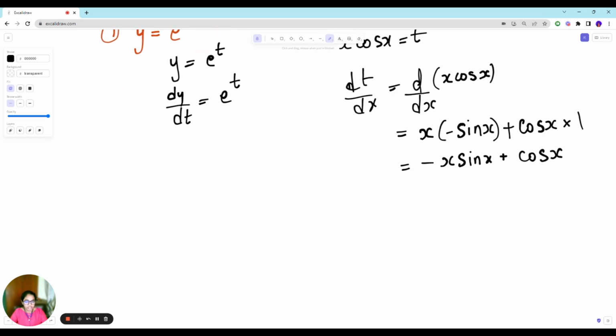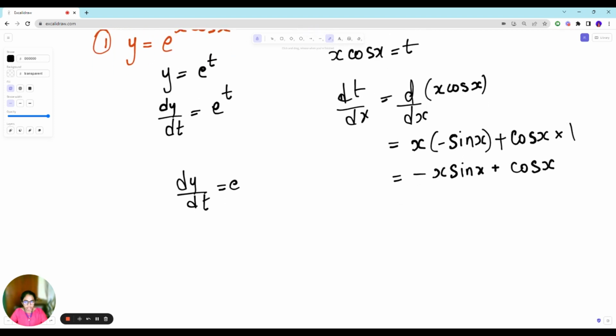Now what is the final step? dy by dt was what? It was e power, what is the t value? t value is x cos x. This is dt by dx. So what is the final step? Our final step would be to write the product, that is dy by dt into dt by dx.